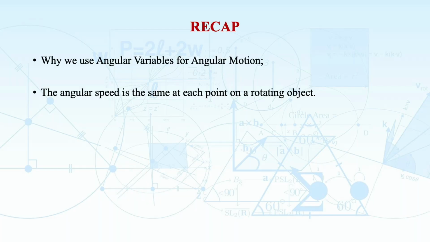So in the same way, we use angular variables for angular motion, because if you have a rotating object, you will find that the angular speed is the same at each point of the rotating object. So basically, we use angular variables for convenience when it comes to describing the motion of a rotating object.